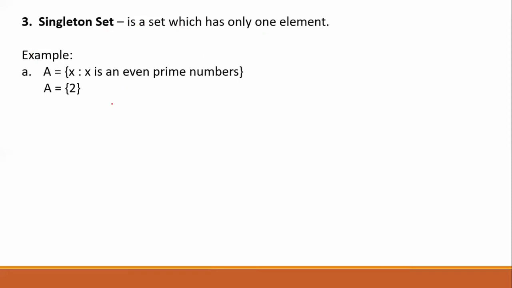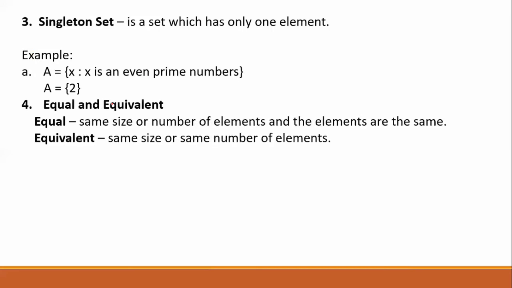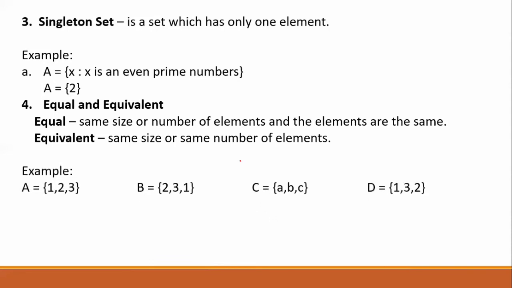It has only one element. Okay? Let's move to the fourth classification. We have here equal and equivalent. When we say equal, the sets have the same number of elements, and the elements are the same. When we say equivalent, the sets have the same number of elements. Try to observe the example sets given below.